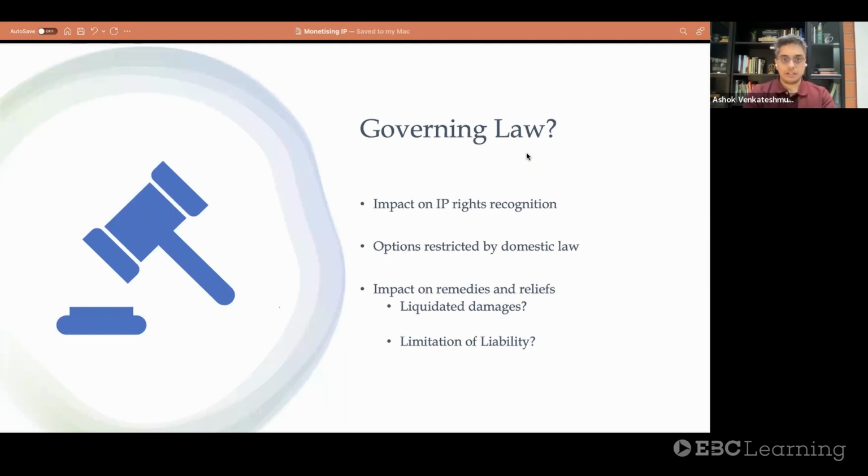So the choice of law is no longer left to the parties, or even if the parties agree upon it, it is open for the other party to avoid being bound by the agreed upon governing law simply because they have shelter under their domestic law. So ultimately, the conversations went to such an extent that the entire JV agreement came to be called off, and the location moved to an altogether different jurisdiction.